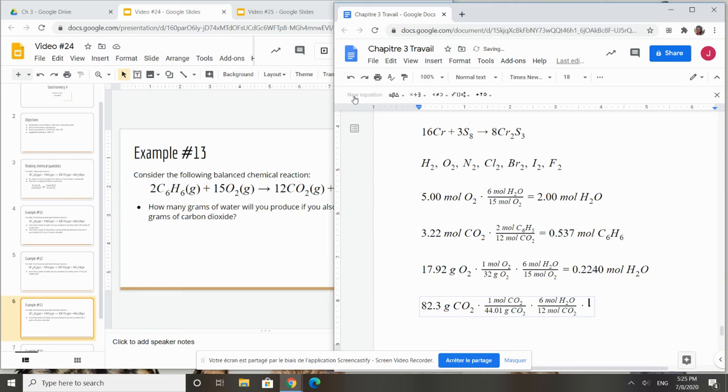And then because mole is up top in the fraction that comes before that, it has to be on the bottom in the second one. And then I round this whole thing to have 3 significant figures.